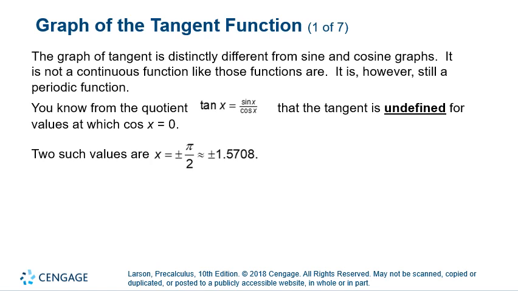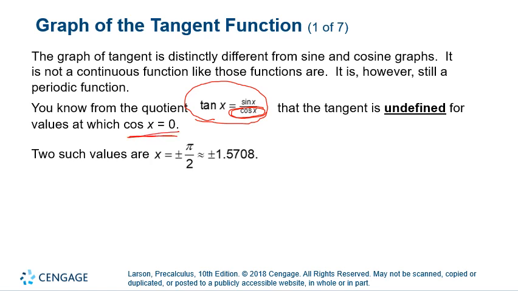Where tangent has distinct differences comes from the fact that the tangent function is a quotient function, and that means it is created from the quotient of sine over cosine. We have seen when we evaluate tangent that there are times when it can be undefined, and that is when the denominator is 0, when cosine is equal to 0.